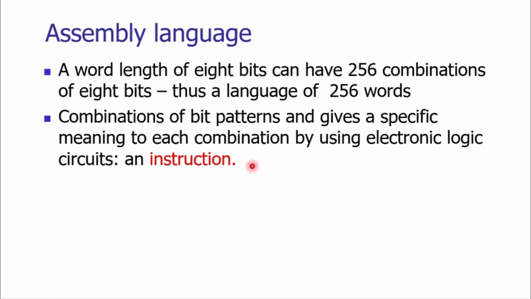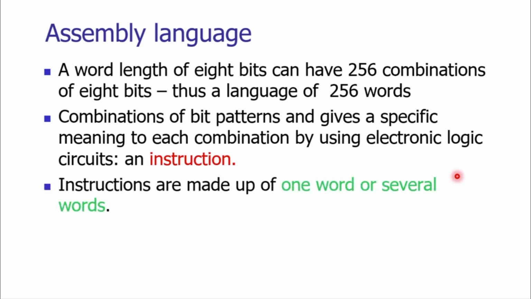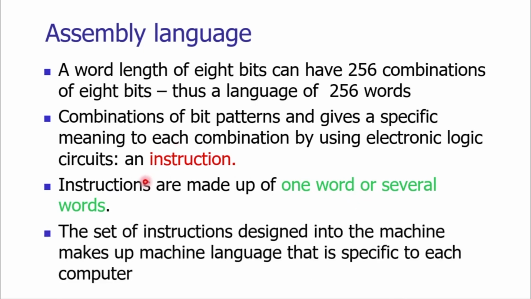A typical instruction will have a combination of various bit patterns. Meaning is attached to that and we can carry out a variety of operations on that using the electronic circuitry. Instructions are made up of one word or several words.